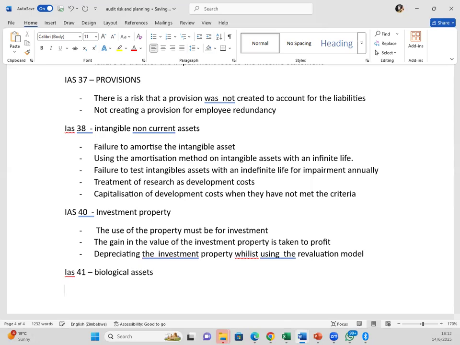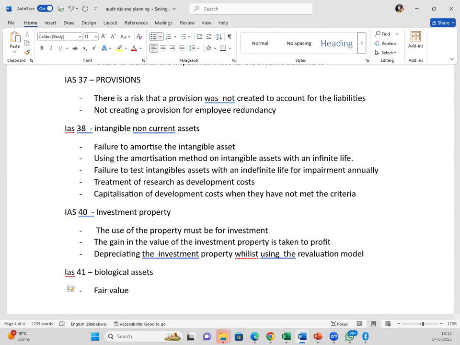A biological asset is accounted for at fair value. But if the fair value cannot be determined, we can use the cost model.